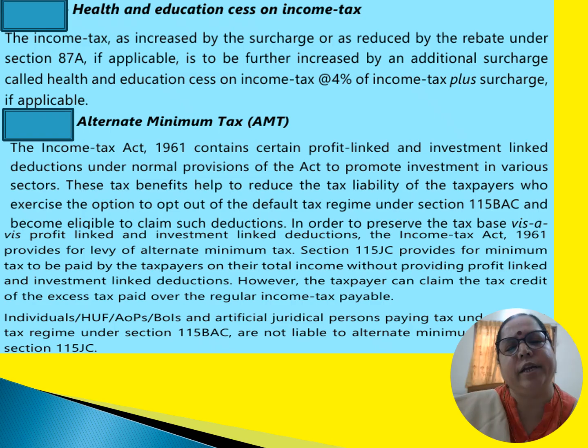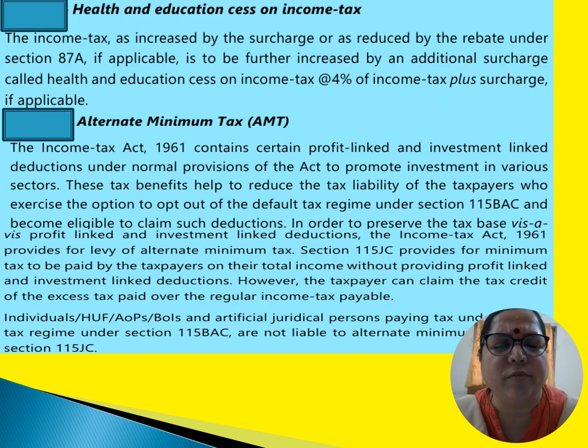Then what is alternate minimum tax? The Income Tax Act contains certain profit-linked and investment-linked deductions under the normal provisions of the Act to promote investment in various sectors. The tax benefits help to reduce the tax liability of the taxpayers who exercise the option to opt out of the default tax regime under section 115BAC and become eligible to claim such deductions.